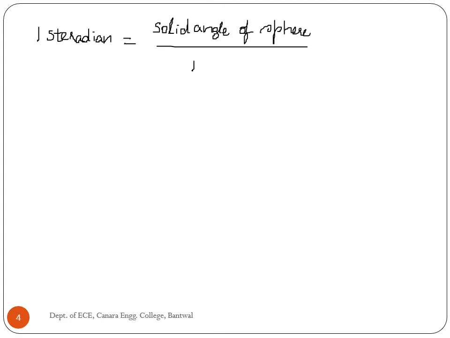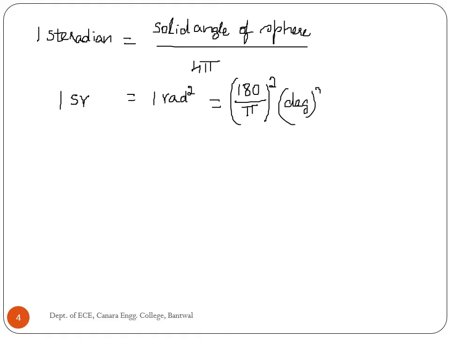One steradian is equal to the solid angle of the sphere divided by 4 pi, which is equal to 1 radian squared, which is equal to 180 divided by pi, squared, in units of degree square.